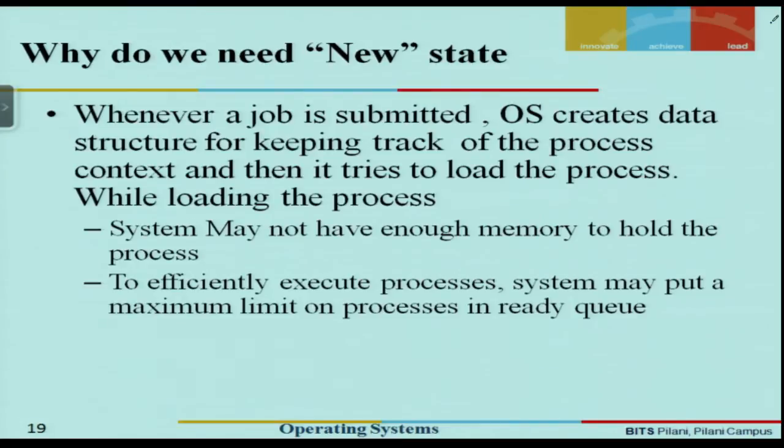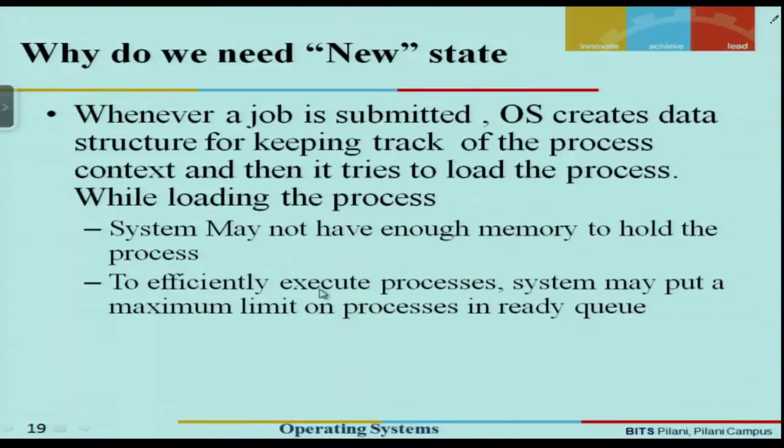Please remember that when a process is in the new state, the entire process is not in memory. The text section, data section and its context are still on the hard disk. This is one scenario in which the new state is needed.